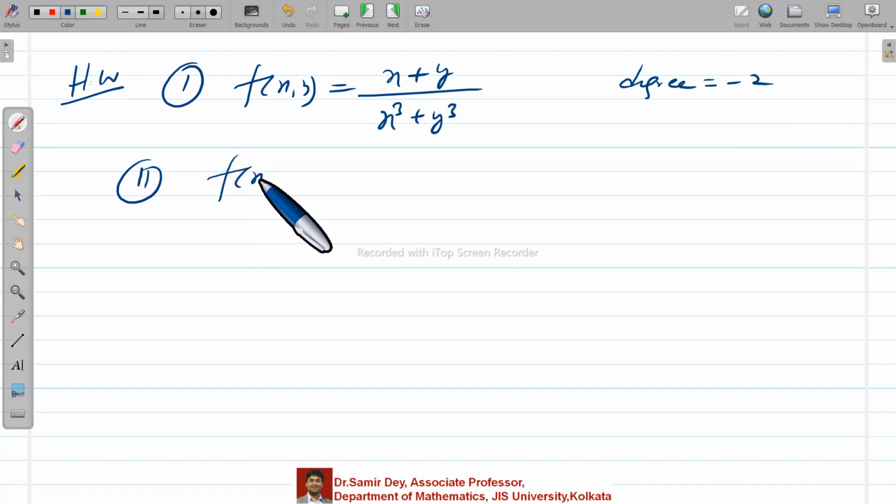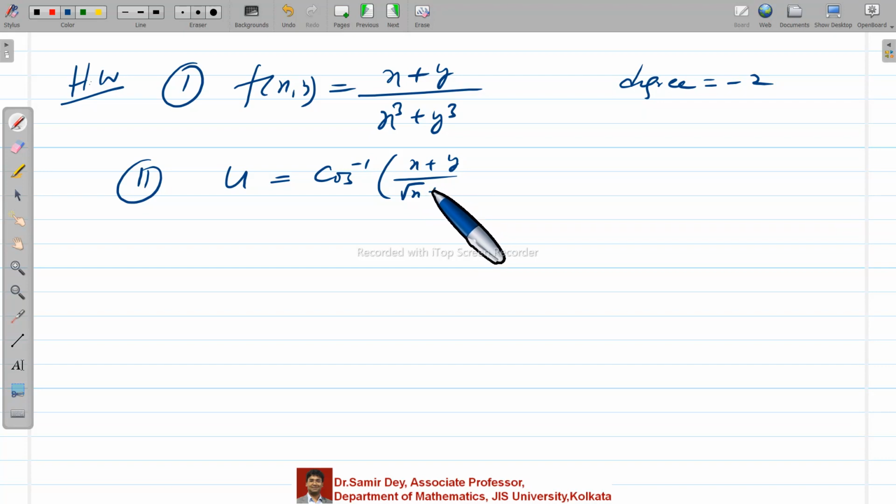Number two, consider the second example, you should test it: u is equal to cos inverse of (x plus y) by (root under x plus root under y). In this case your degree will be half. You test it. Basically both are homogeneous functions, and for the first one the degree will be minus 2, and for the second one the degree will be half. You test it.